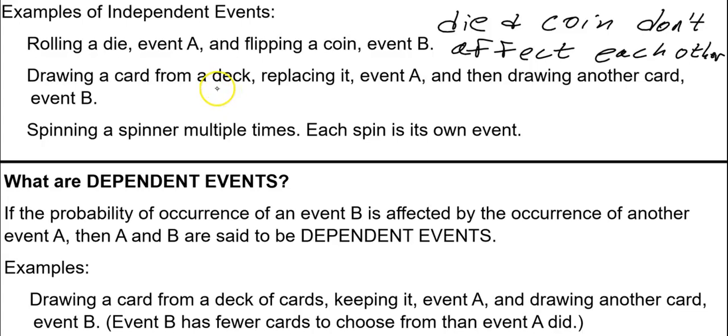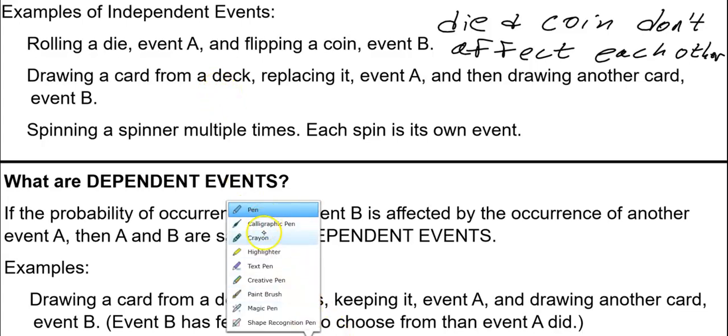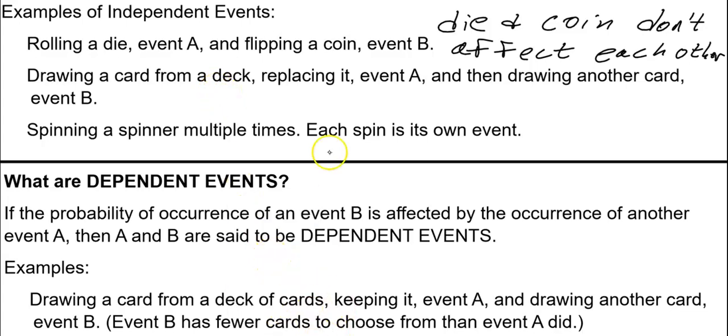Drawing a card from a deck and replacing it; the key word here is replacing it. I replace it, and then I draw another card from the deck. Both times we choose from 52 cards.